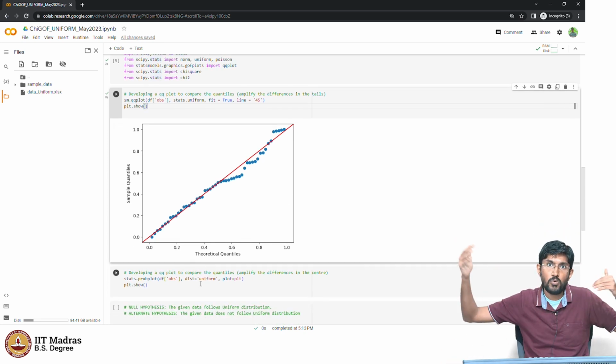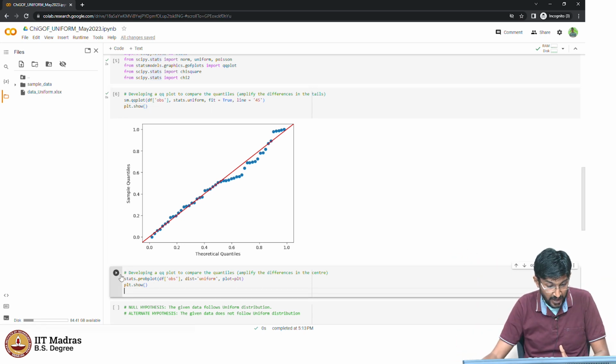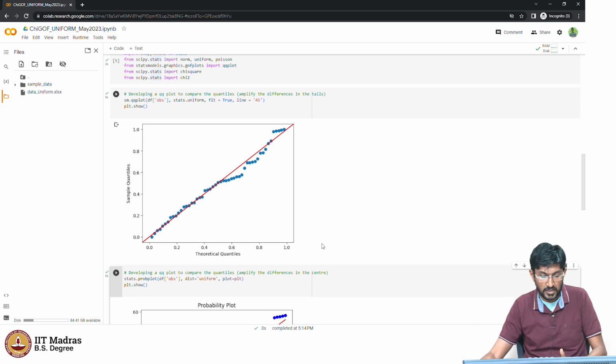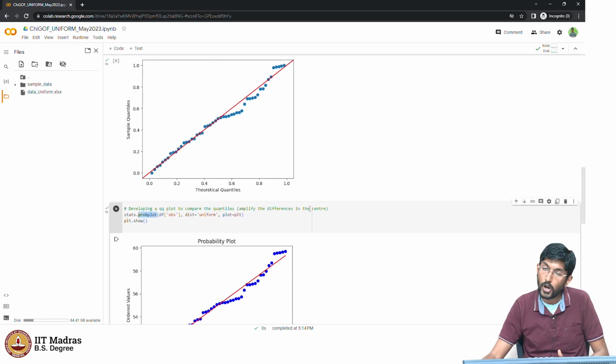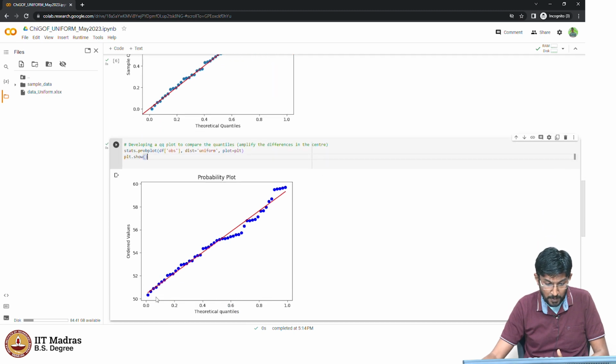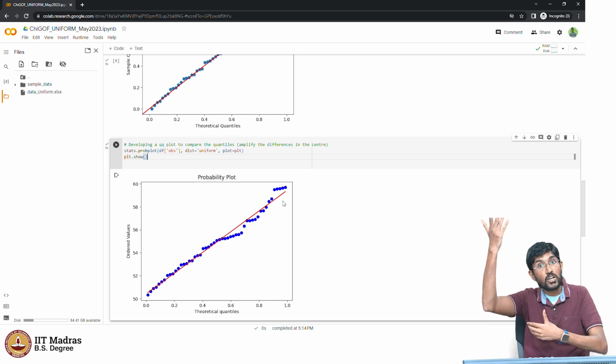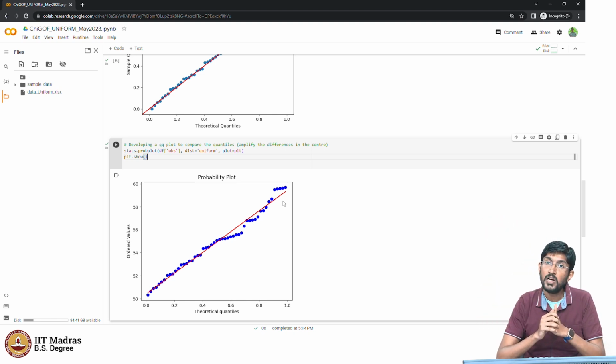However, the QQ plot only checks whether the distribution is fitting well on the tail regions. If I have to do the same thing for checking the center regions, I go for something known as the probability plot, which is the PP plot. If in the PP plot all the points fall on this 45-degree line, then the center of the distribution that I am proposing and the center of the theorized population also match.